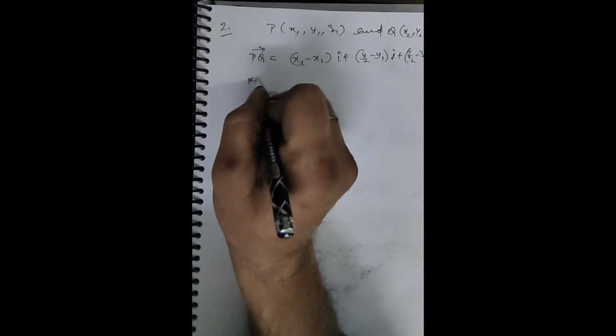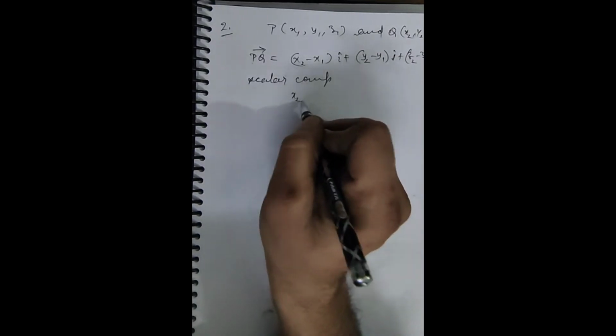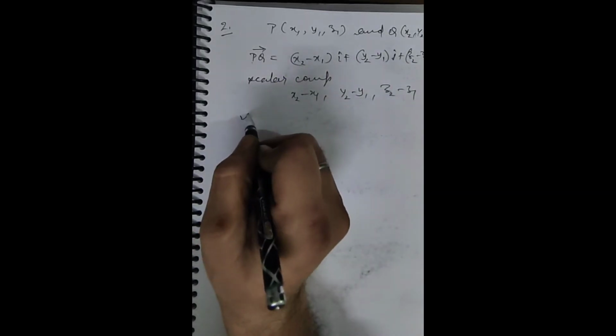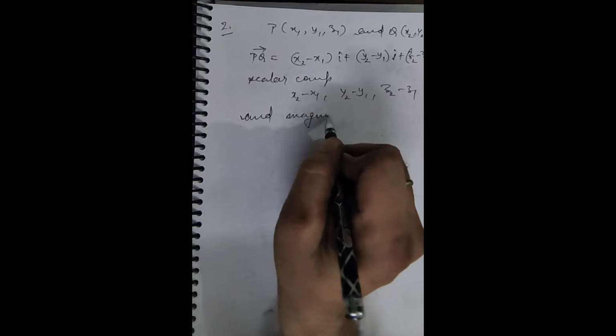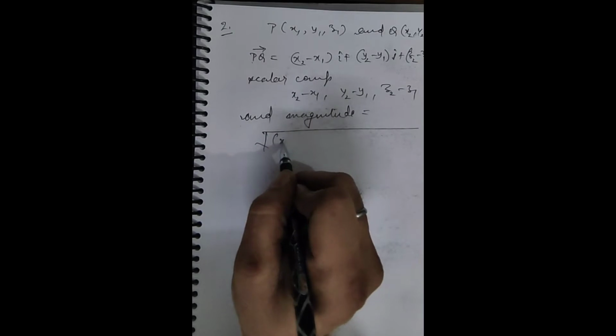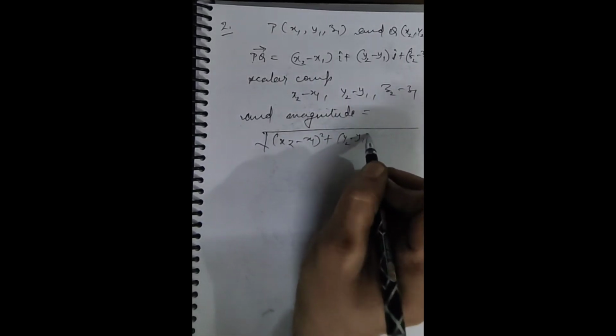So the scalar components are x2 minus x1, y2 minus y1, z2 minus z1, and the magnitude is equal to the square root of the sum of squares of these components. This is the basic theory we have to see.